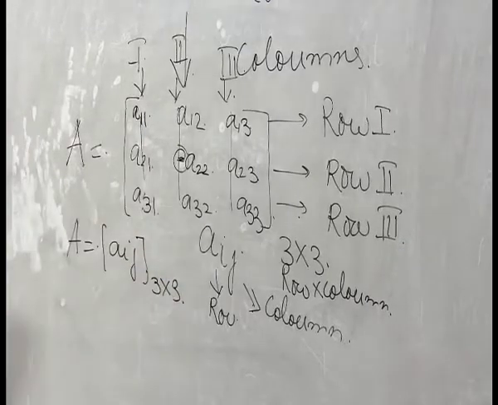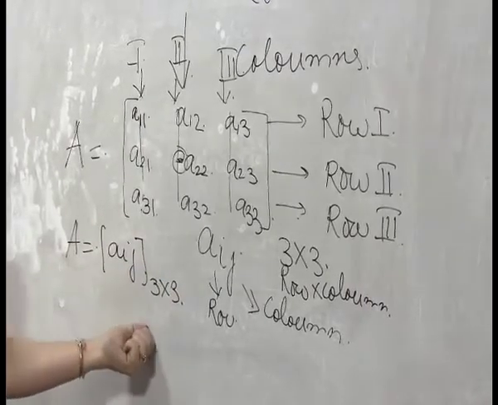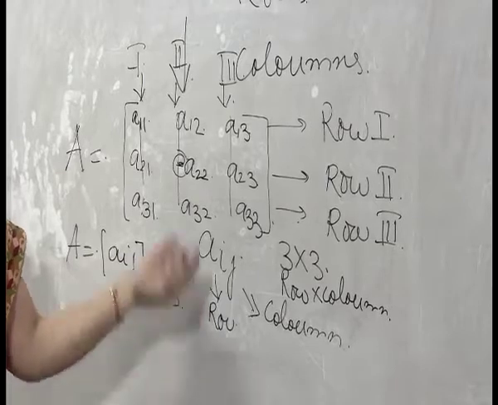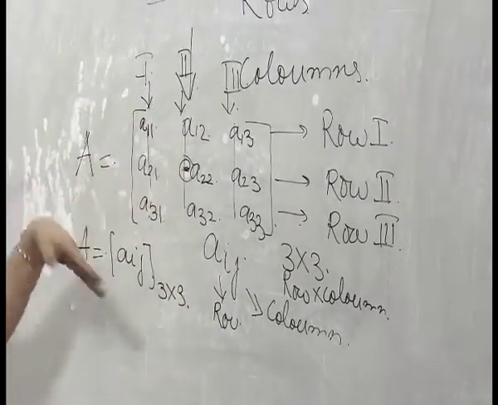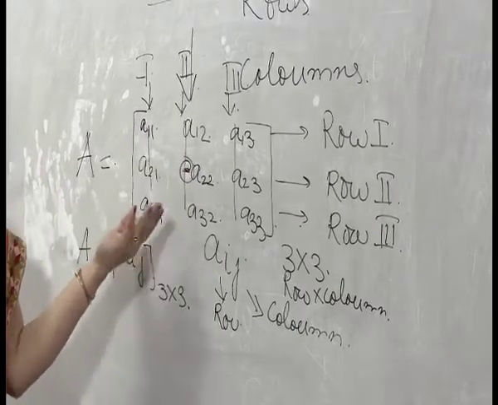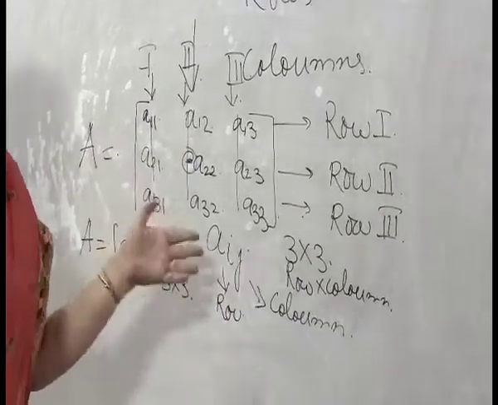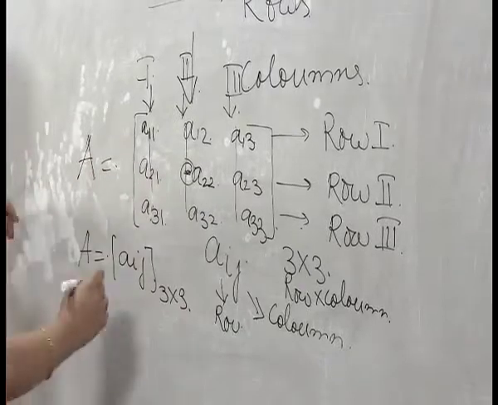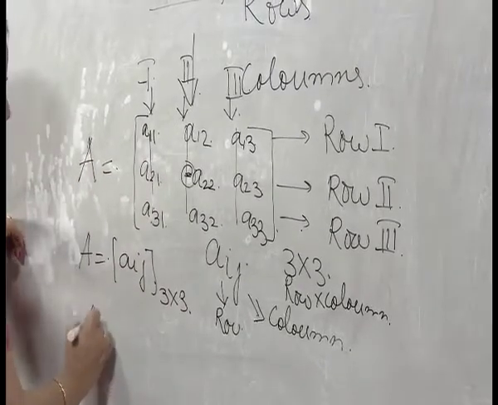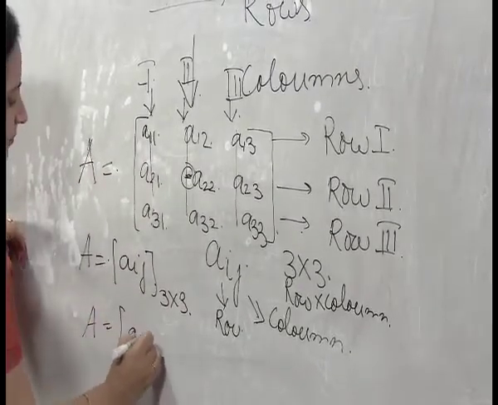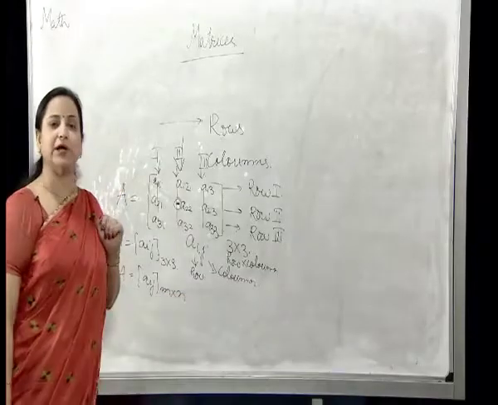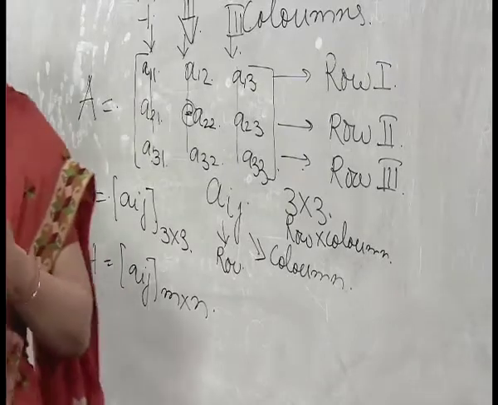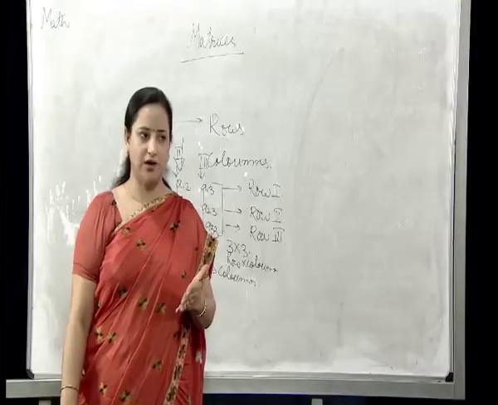So the order of the matrix is the number of rows into the number of columns, the number of rows it has and the number of columns it has. So in general, we can take the order as m into n. If I am saying A is a matrix of order m by n, what does it mean? It means it has m rows and n columns.